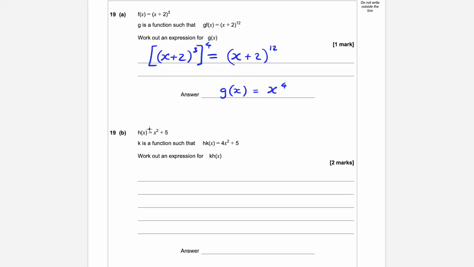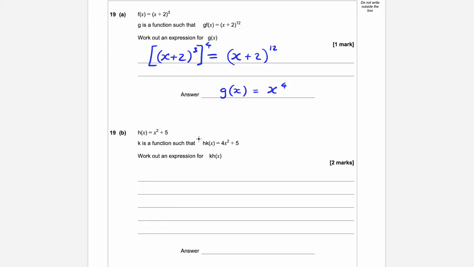19b. H of x is equal to this. K is a function such that k of x is equal to 4x squared plus 5. Work out an expression for kh of x. Okay, h of x is this. H of k of x is equal to this.